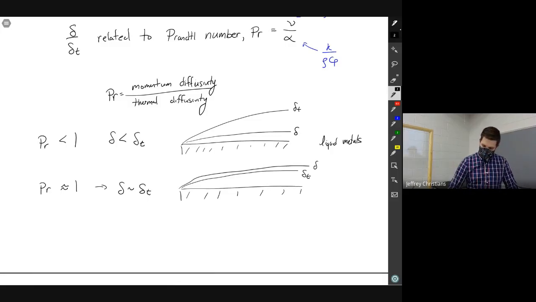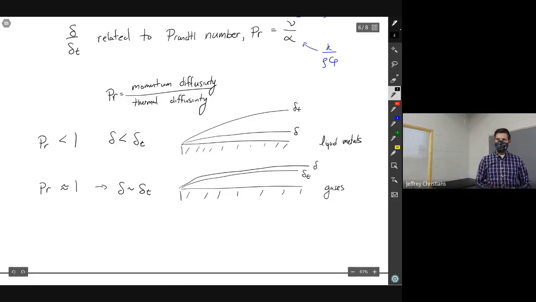This happens with gases. All gases have Prandtl numbers of about 1 because the mechanism for momentum transport and heat transport in a gas is fundamentally the same mechanism. It's molecular collisions. So you end up getting boundary layers that are basically the same.